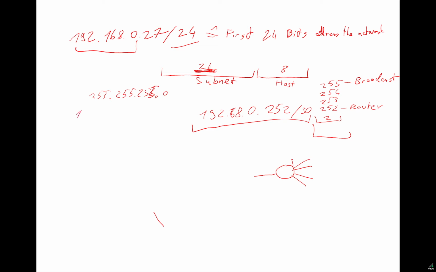That means the first 24 bits are set to 1 and then the rest to 0. Let's make it this way.